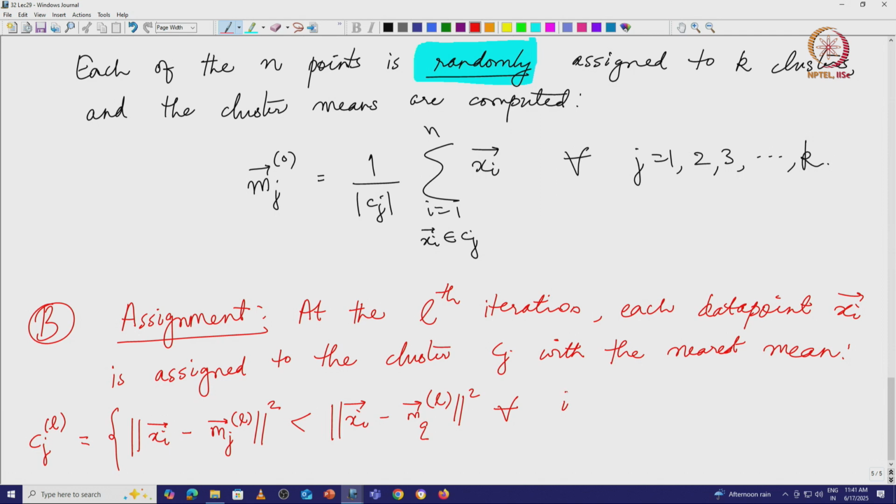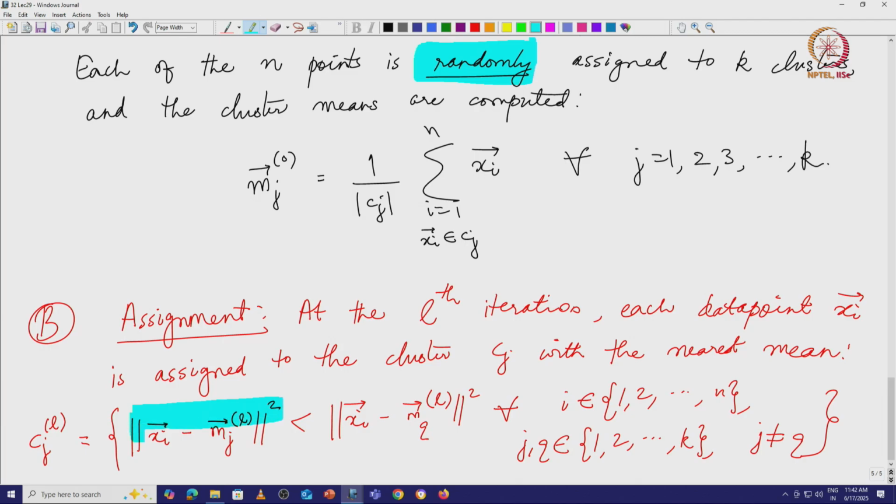For all data points and clusters, where of course j is not equal to q. So, essentially you are saying that the distance between the ith point and the jth cluster must be lower than the distance between the ith point and the qth cluster.